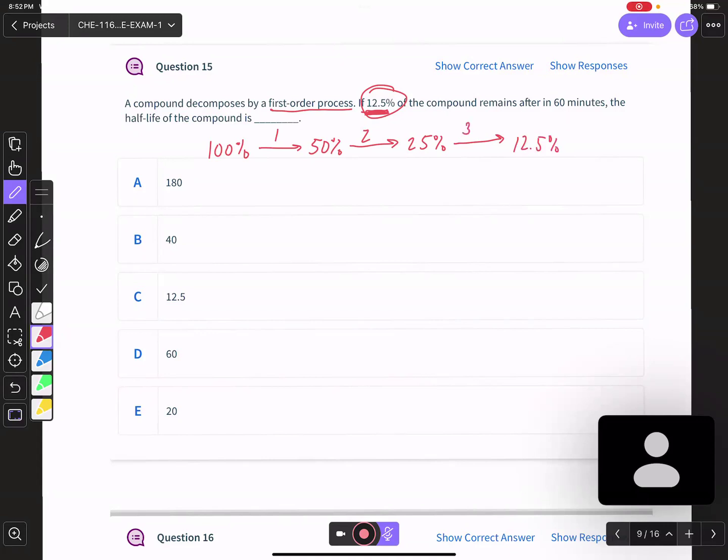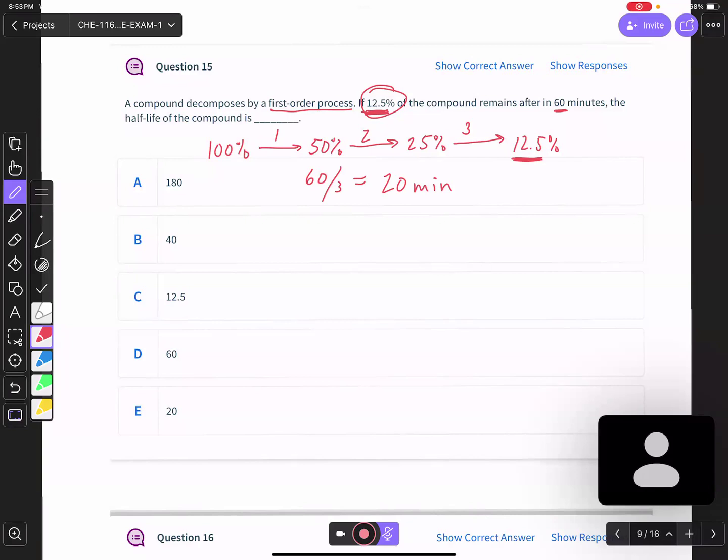So essentially, I've got 3 half-lives to get to 12.5%, and that took 60 minutes. So 60 minutes divided by 3, each half-life was 20 minutes.